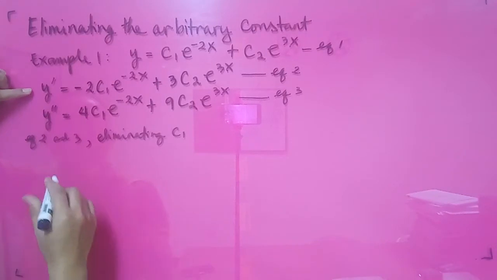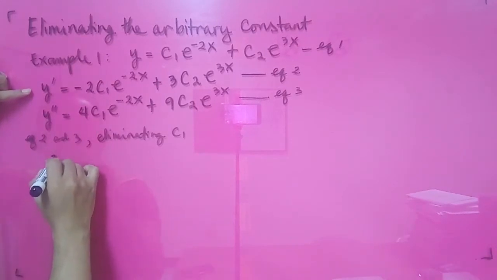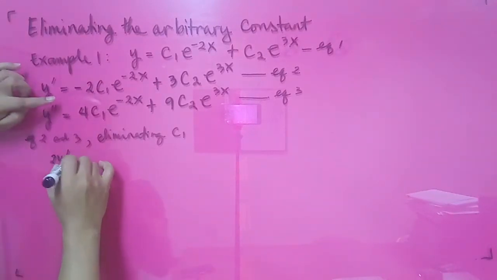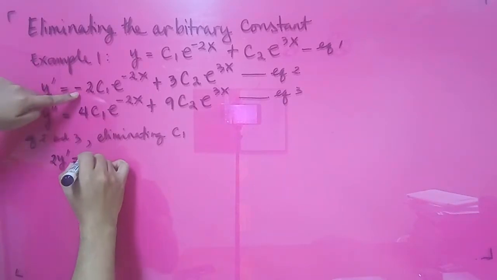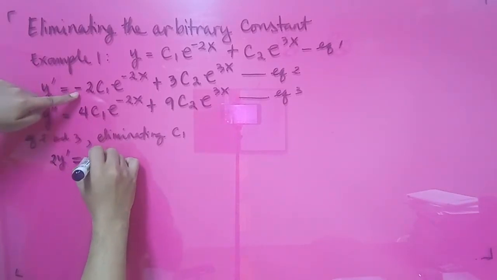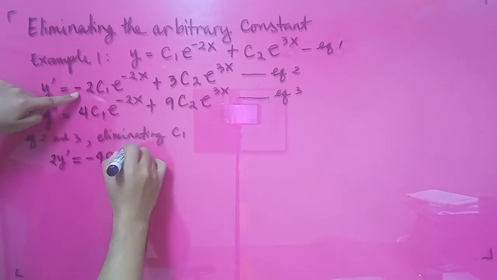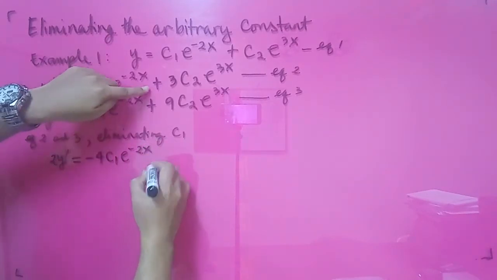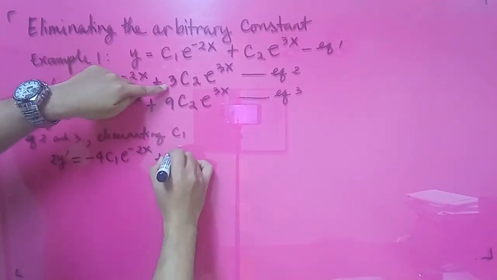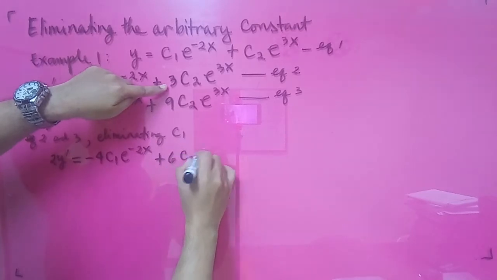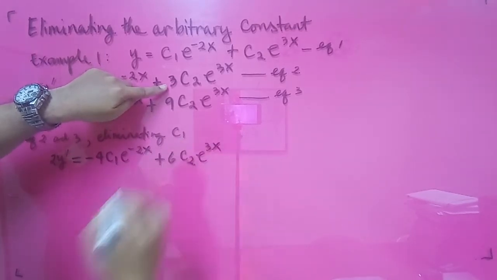So 2 times y prime equals negative times 2, that is negative 4 c sub 1 e to the negative 2x, plus times 2, that is 6 c sub 2 e to the 3x.